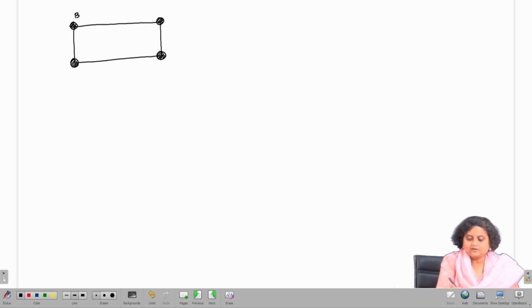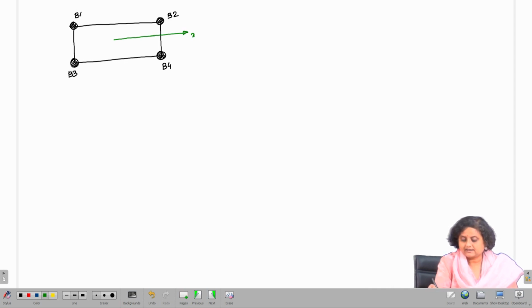So, this is B 1, this is B 2, this is B 3 and this is B 4. This is my x axis, this is y axis, this is the centroid, and this is y c. This length is 48 mm.